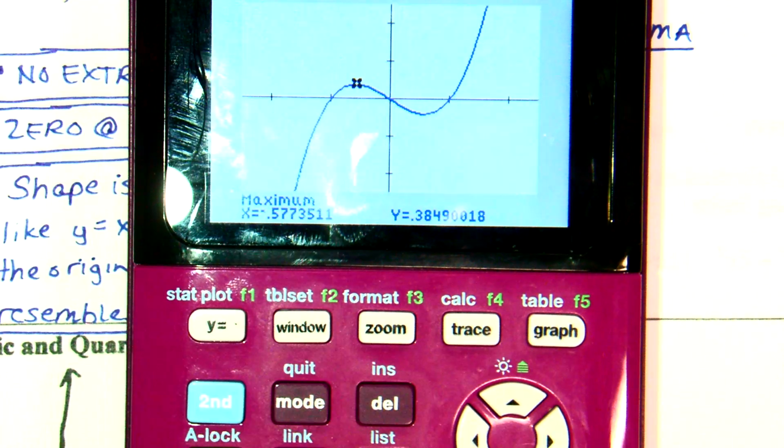Have you found your minimum? My left bound is closer to 0. My right bound is to the right of the valley, so closer to +1. And then my guess is at that low point. What do you notice about your minimum values?